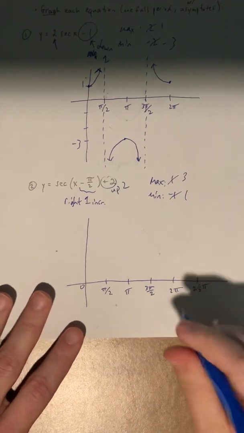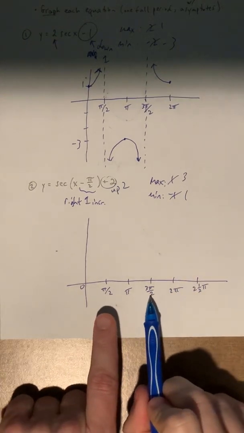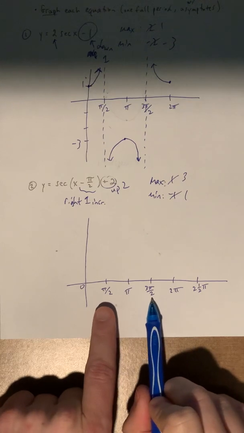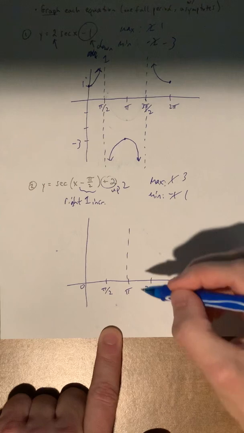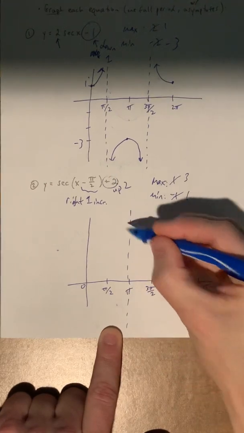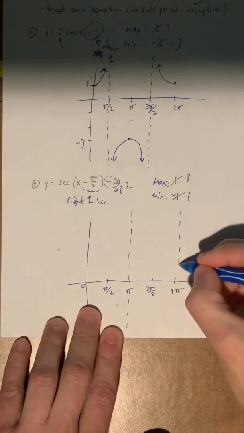If you want, you can pick your asymptotes. Normal asymptotes would be at these 2 spots, but shifted to the right one. So we have an asymptote here and an asymptote here.